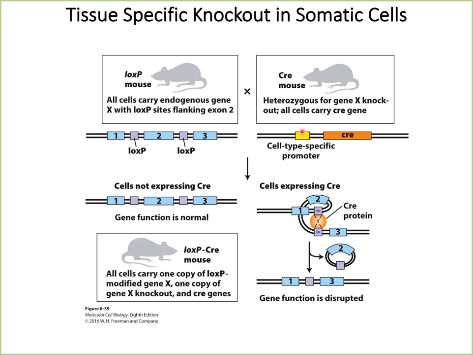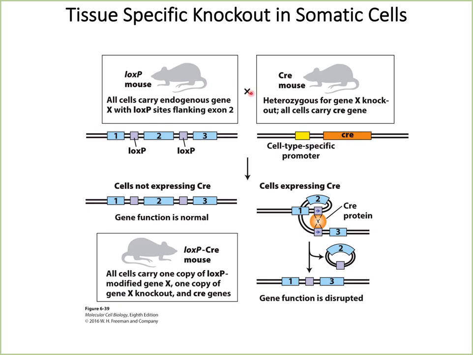Suppose this is only activated in liver cells. You can put a liver-cell-specific promoter, and then the CRE will be produced only in the liver cells, not in others. If you put a promoter sequence which is neuron specific, then it will only express in the neuron. So this is how you do a tissue-specific promoter.